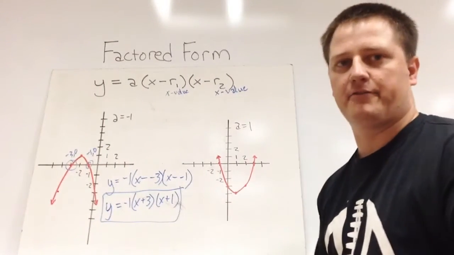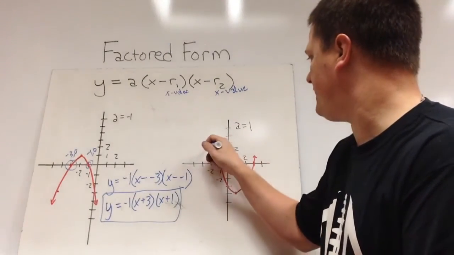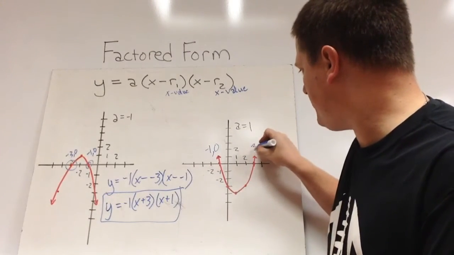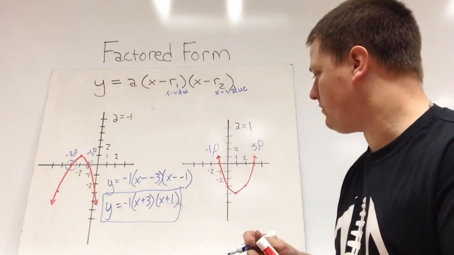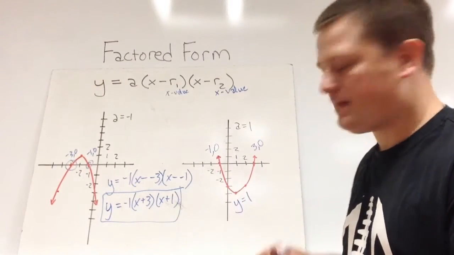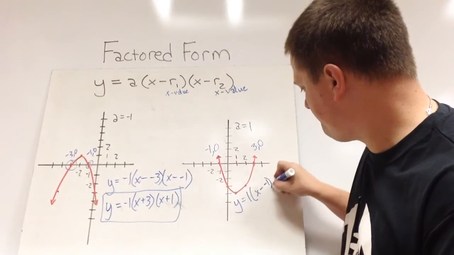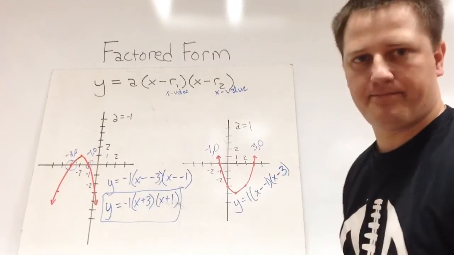Our second graph over here, we have an a value of 1. We have a root of -1, 0, and a root of 3, 0. So we can create this equation by going y equals 1 times x minus -1 times x minus 3.